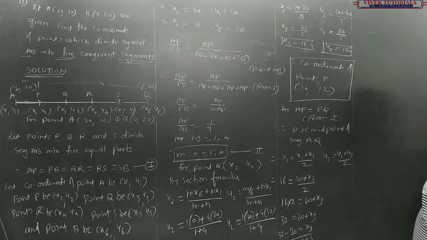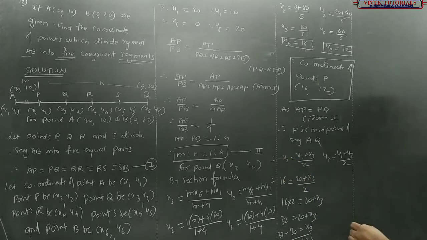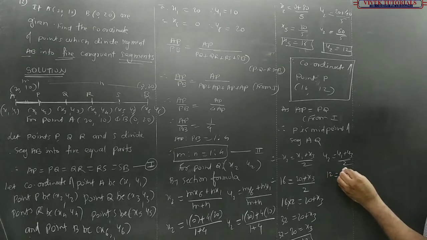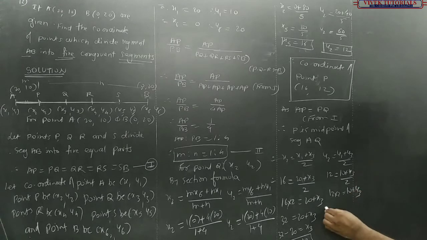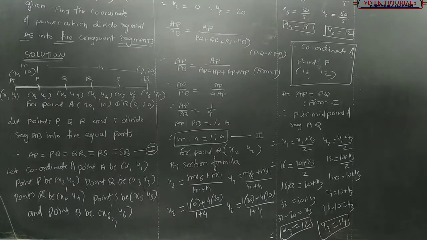Now y2 is 12, y1 is 10, plus y3 upon 2. 12 into 2 is equal to 10 plus y3. 24 is equal to 10 plus y3. 24 minus 10 is equal to y3, and y3 is equal to 14.